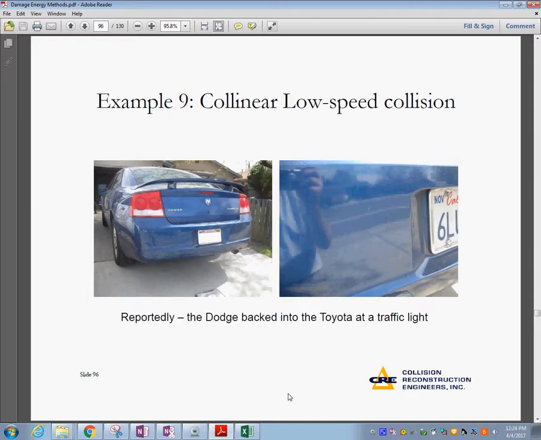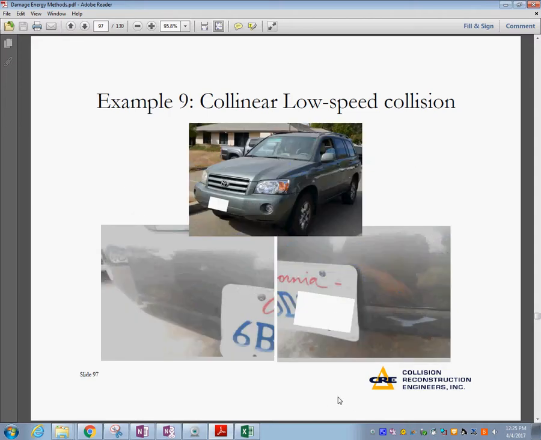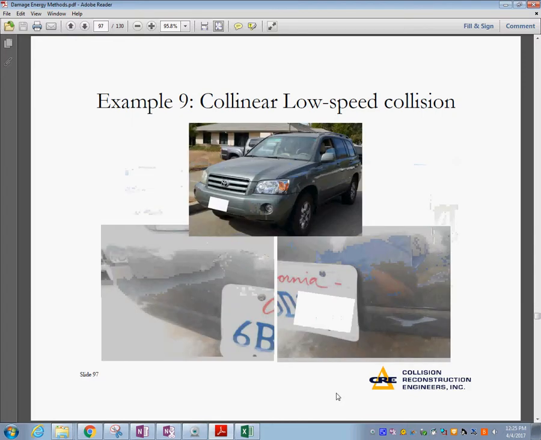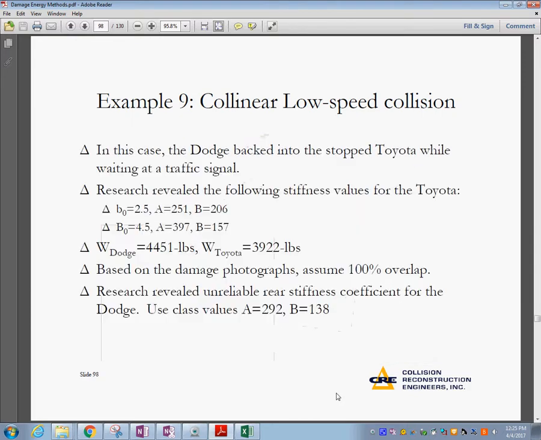Dodge backed into the Toyota at a traffic light. This is the Dodge. Let's see, which one is this? Yeah, this is the Dodge. So in this case, the Dodge backed into the stopped Toyota.